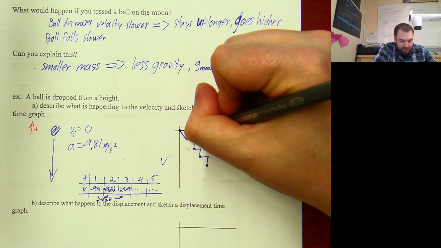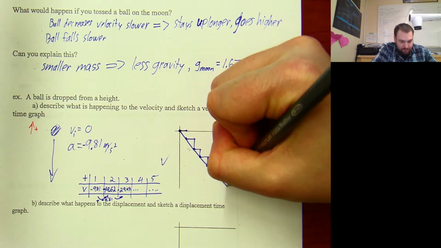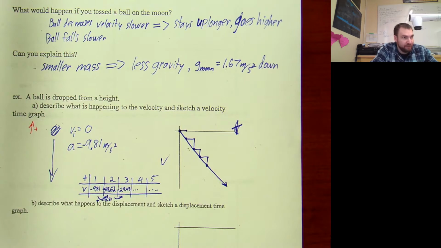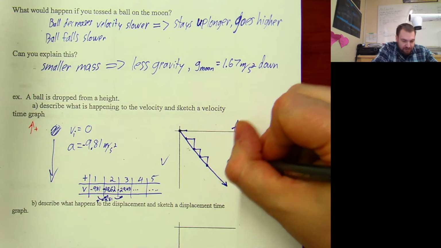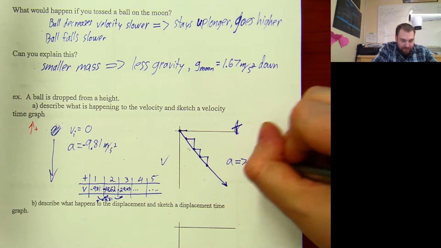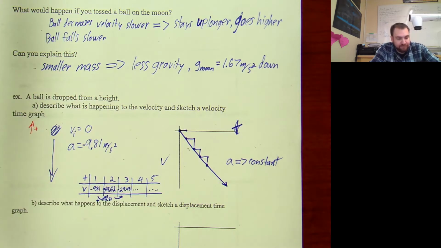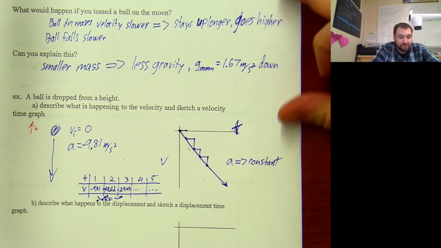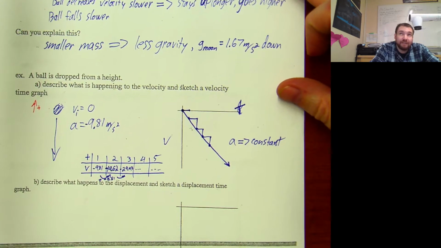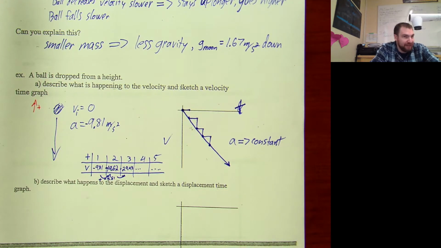This graph is going to be a straight line because acceleration is constant. That's the only reason I was able to give you the lab that I gave you. Your second graph should look like a straight line. So if it doesn't, you've got some things to figure out.